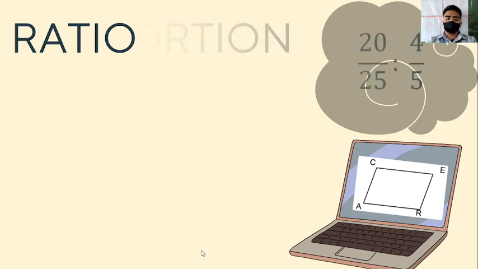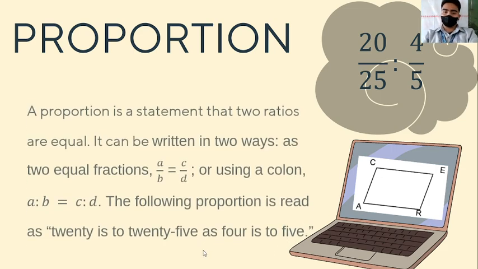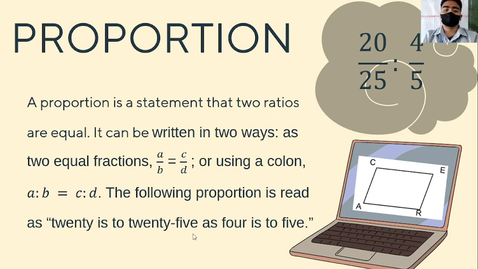Next, what about proportion? If we say proportion, what comes into your mind? Somebody would say equal, or same. Alright. A proportion is a statement that two ratios are equal.